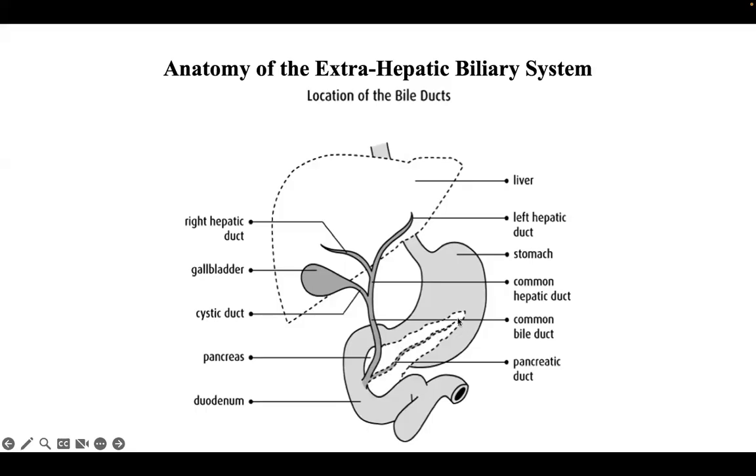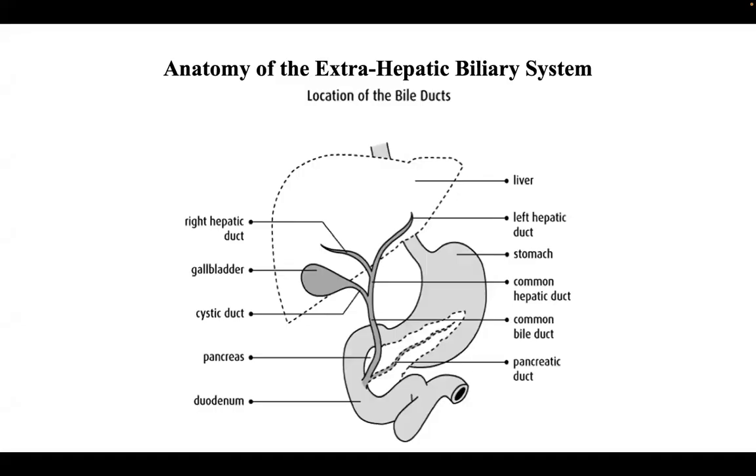Obviously this is the head, tail, and the pancreatic duct. So this is the basic anatomy of the extrahepatic biliary system that you need to know.